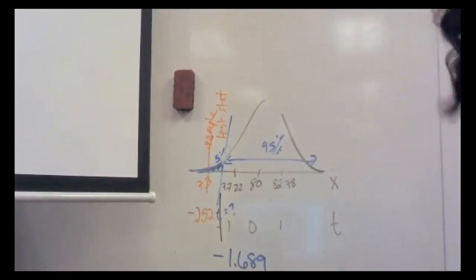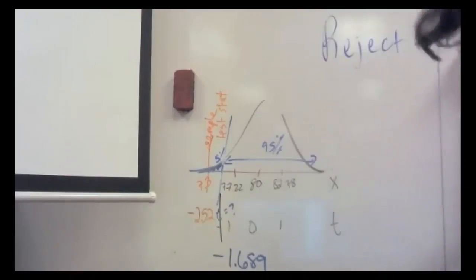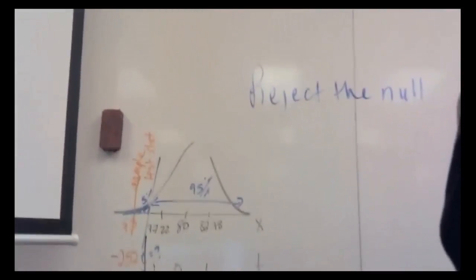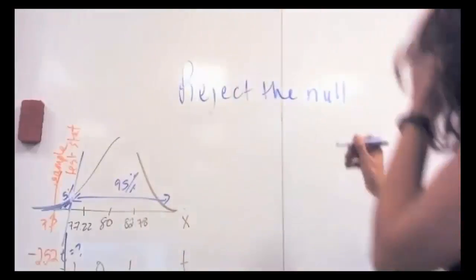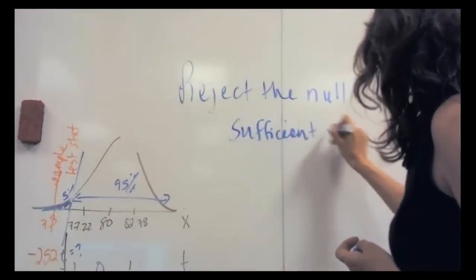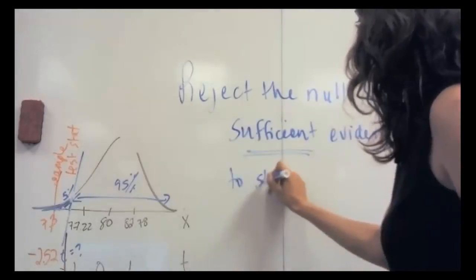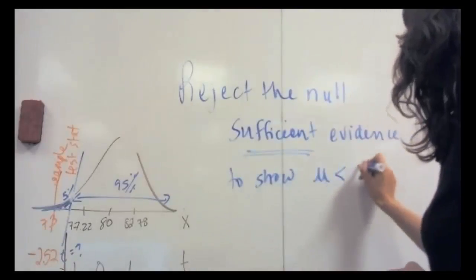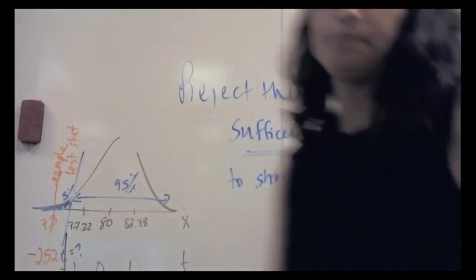So that's basically reject the null, sufficient evidence to show the mean was less than 80.